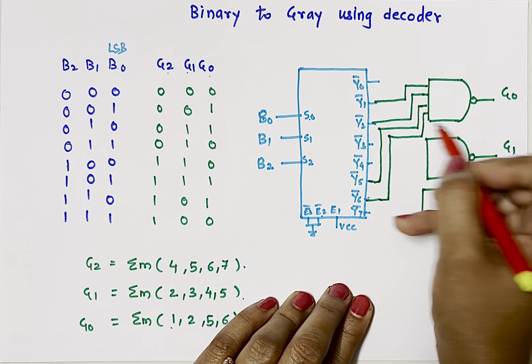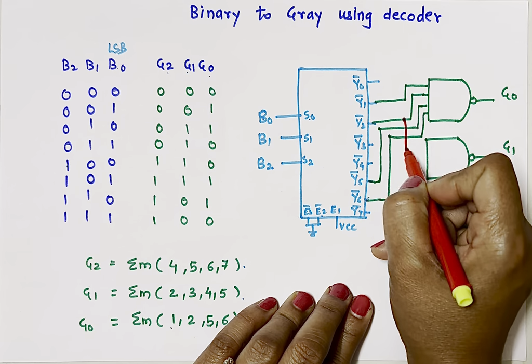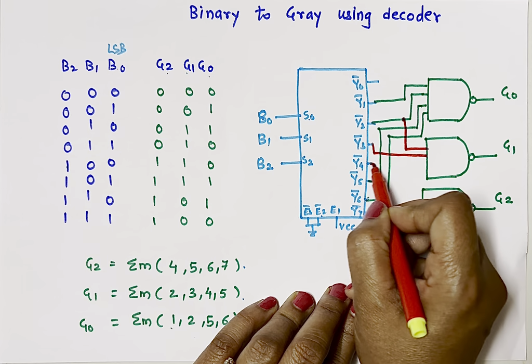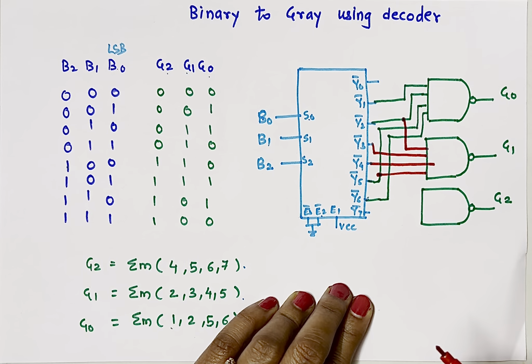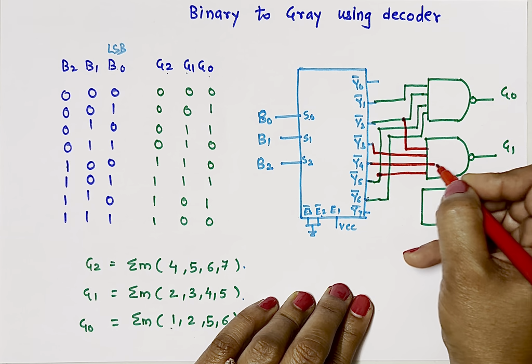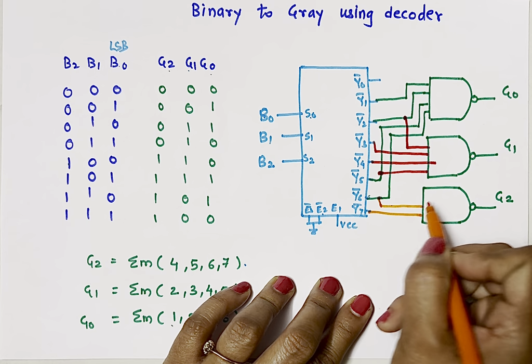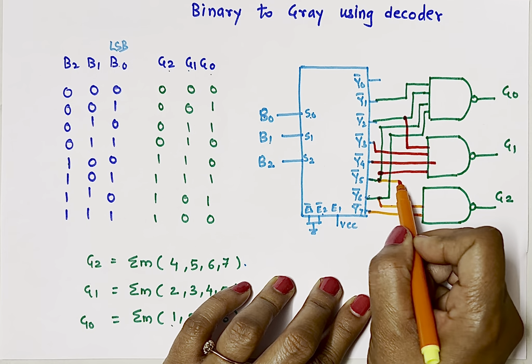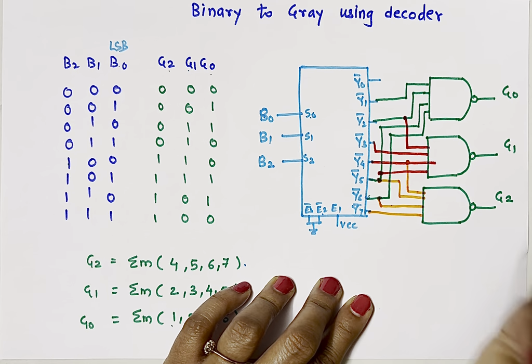So 2, 3, 4 and this is my 5. 2, 3, 4, 5. It should not go inside the gate. And here for G2, 4, 5, 6, 7. 7, 6, 5 and this is my 4.